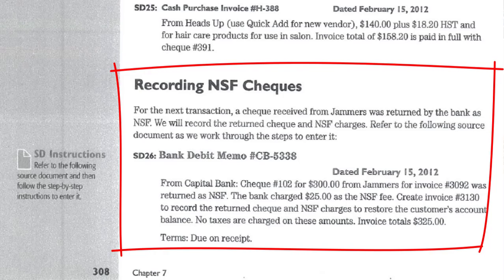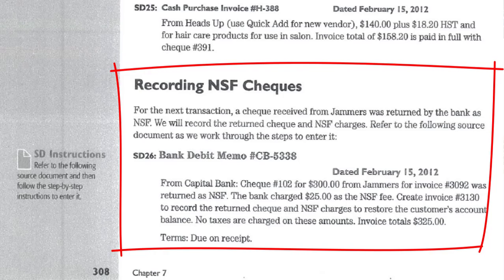Some people say bounce the check. Basically, Jammers wrote us a check for $300, but it was worthless. They didn't actually have $300 in their bank account for our bank to take from their bank. That is the meaning.